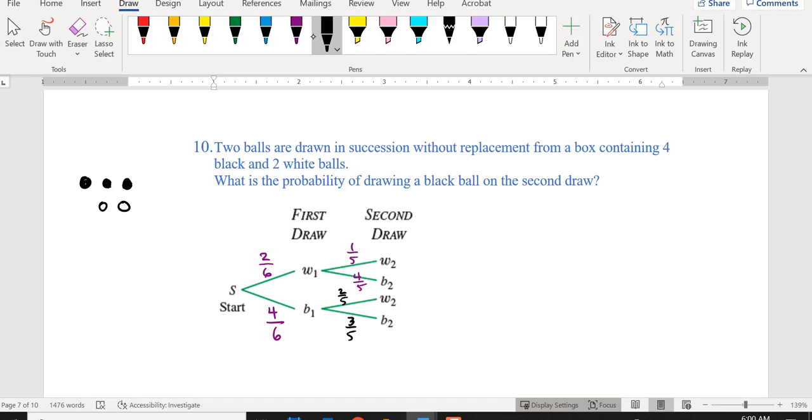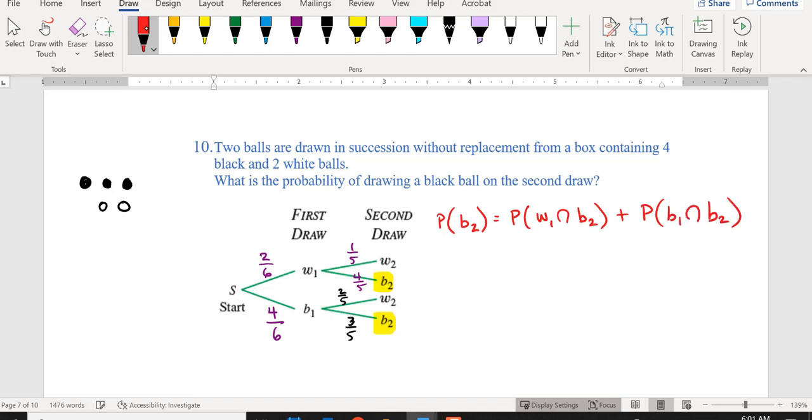It's asking, what's the probability of drawing a black ball on the second draw? So the probability of black on the second is the probability of white on the first and black on the second, plus the probability of black on the first and black on the second.